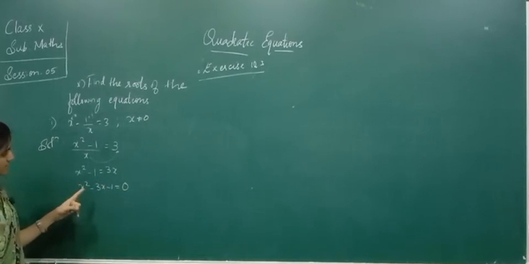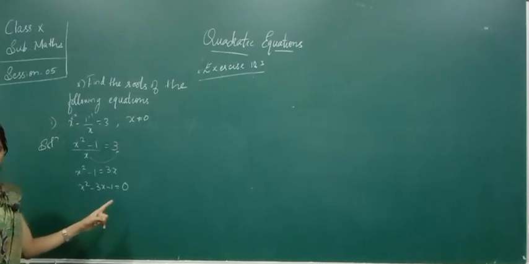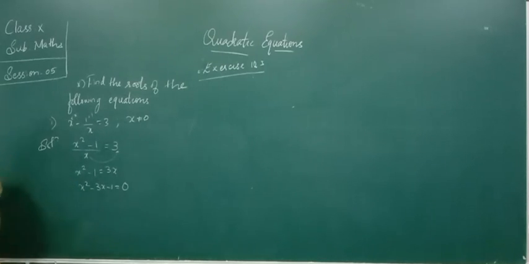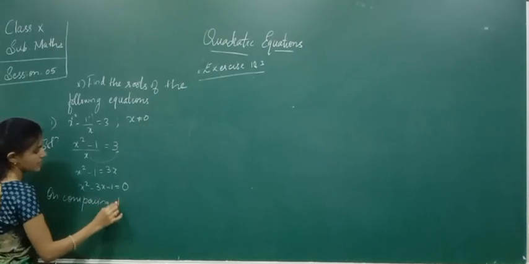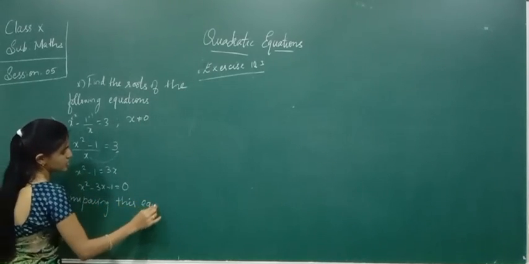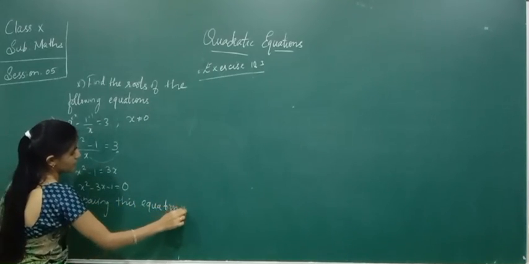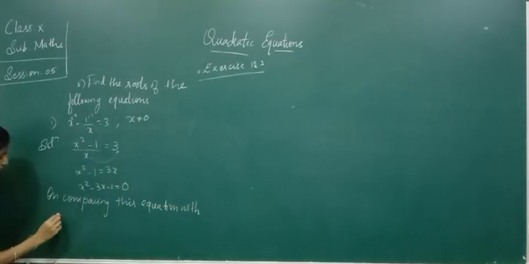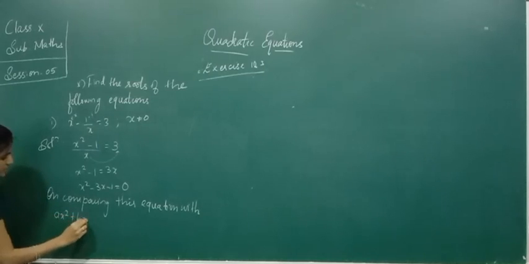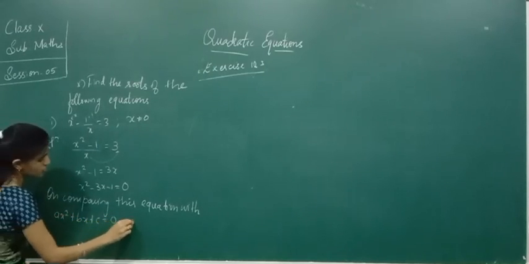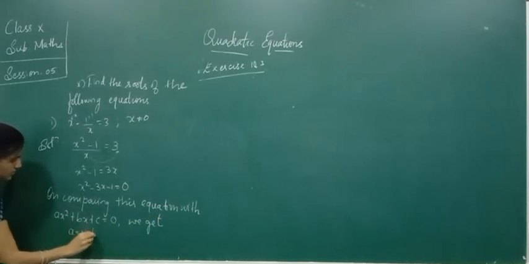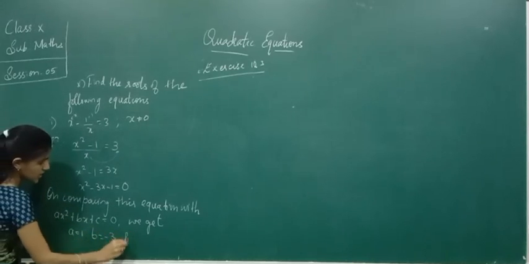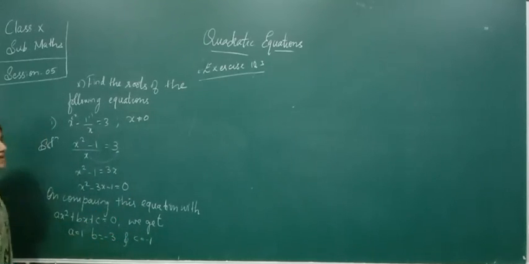See, compare this equation with ax square plus bx plus c is equal to 0. What we are going to do? On comparing this equation with ax square plus bx plus c is equal to 0, we get a is equal to 1, b is equal to minus 3 and c is equal to minus 1.